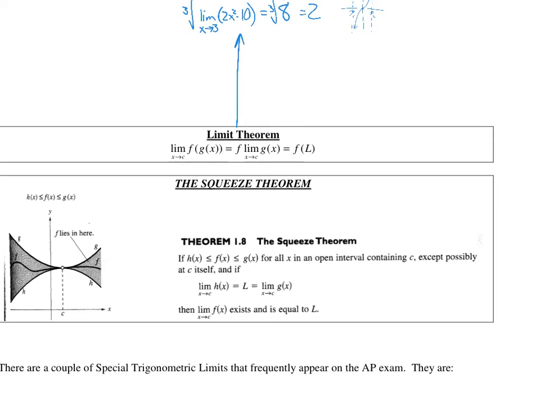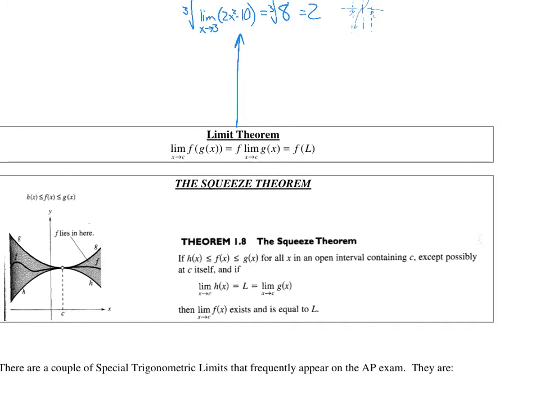It says if h of x is less than or equal to f of x, and those are less than or equal to g of x for all x's in an open interval containing c, except possibly at c itself, and if the limit as x approaches c of h of x equals L, and the limit as x approaches c of g of x equals L, then the limit as x approaches c of f of x exists and is also equal to L. Okay?